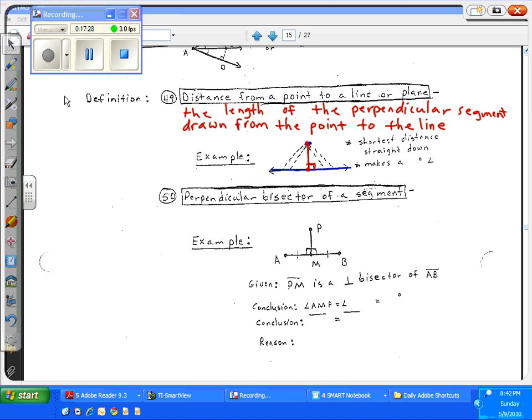The distance from a point to a line is defined to be the length, how long that segment is, the length of the perpendicular segment drawn from the point to the line.